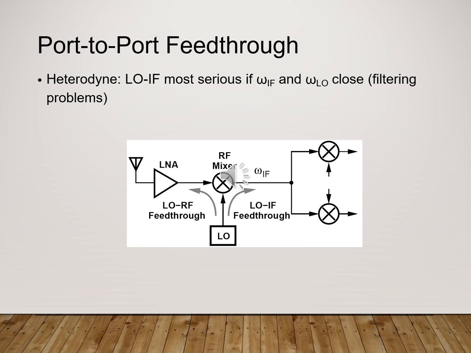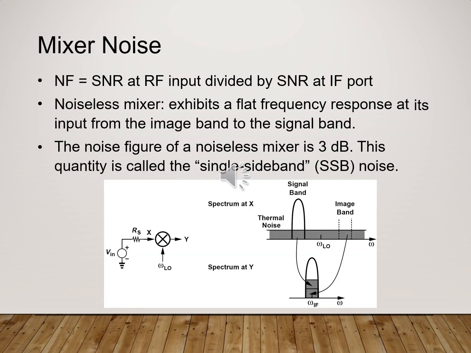As you see, in heterodyne architectures, if we have a single-ended output, the local oscillator to intermediate frequency feed-through is most serious, especially if the intermediate frequency and the local oscillator are close. So filtering them out will be a big problem.